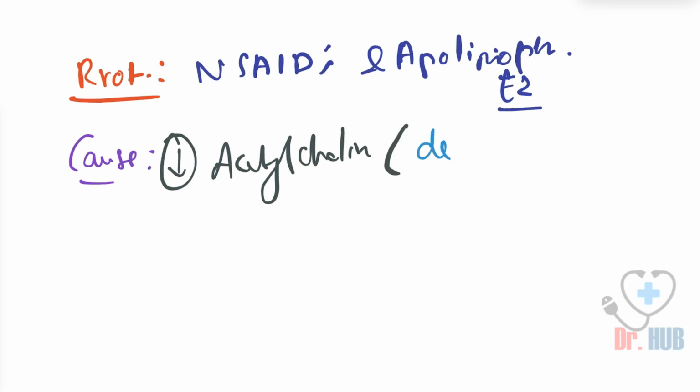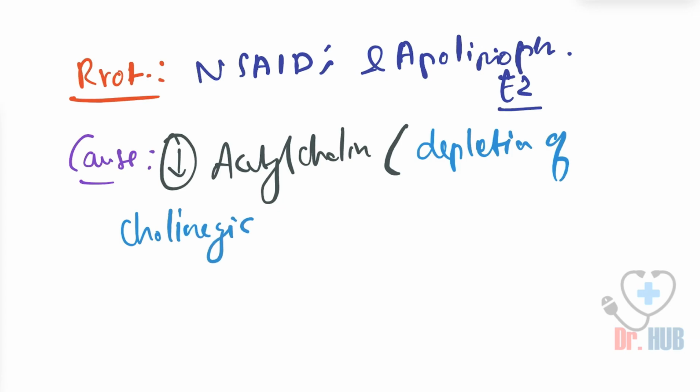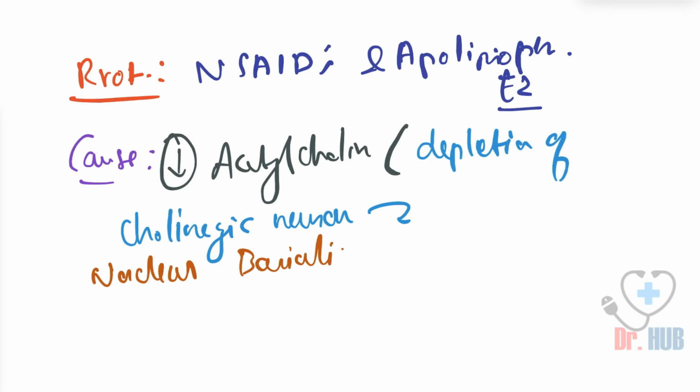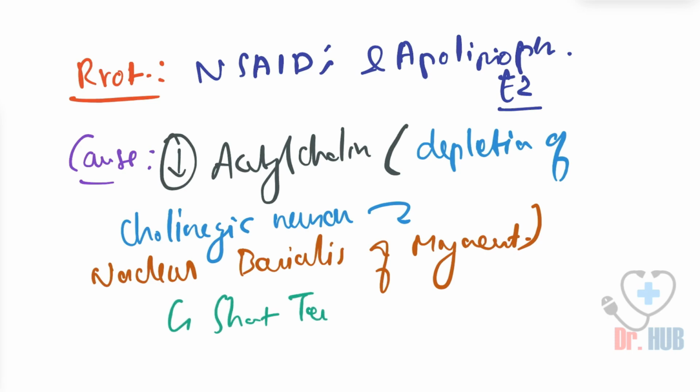This is in the nucleus basalis of Meynert. This is important. And this results in short-term memory defect.